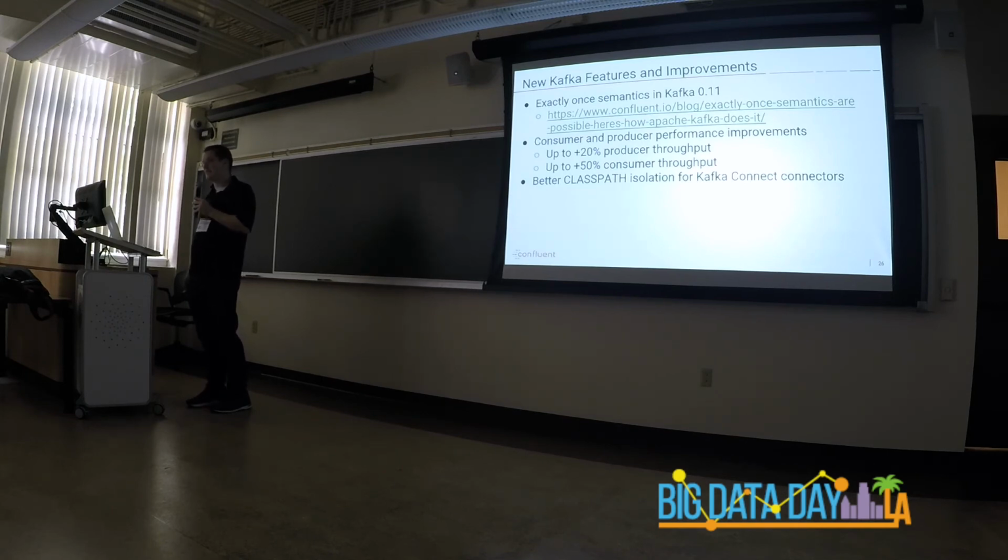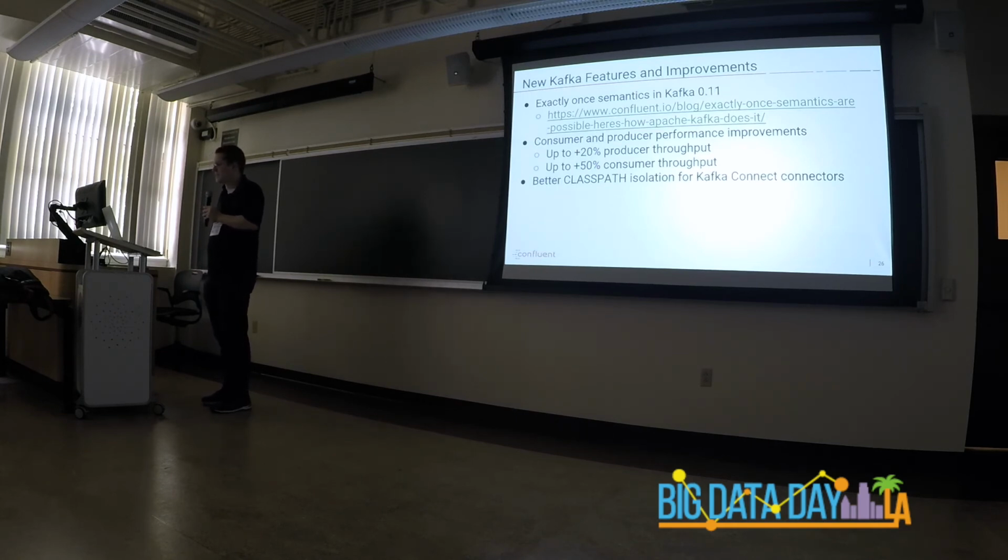Another new thing we have in Kafka 0.11 is some pretty nifty performance improvements in both the producer and the consumer. Up to 20% in the producer, up to 50% in the consumer. This was a side effect of some of the optimization work that we did as part of implementing exactly once.